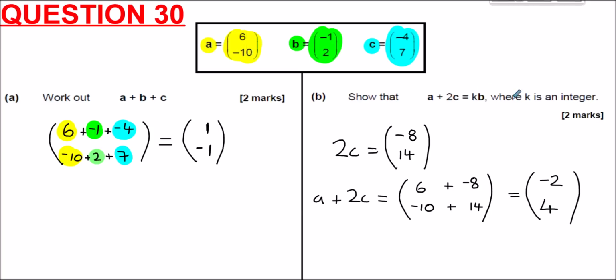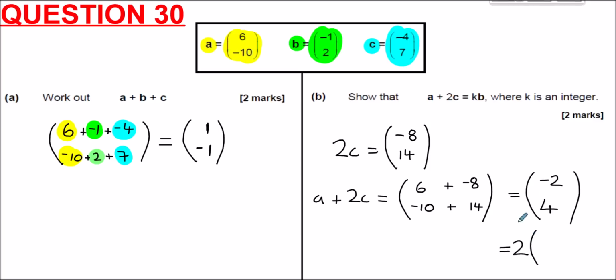So K just means a whole number which can be negative. So can we factorize this out where K is a factor, so that this one here looks like B? And so minus 2 and 4, again, what can we divide 2 and 4 by? 2 and 4 have a common factor of 2.